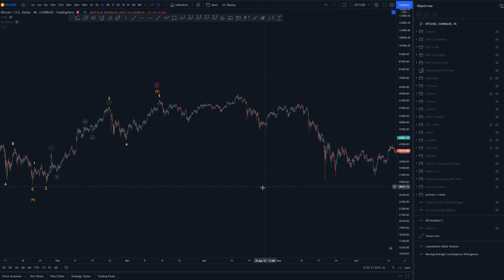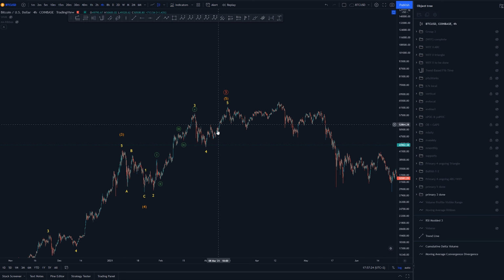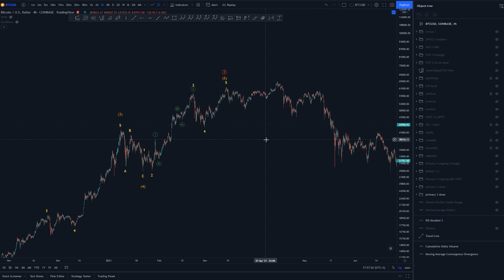Now again here we can have 1, 2, 3, 4, 5, then 2, 3, 4 and 5 on the sideways. I didn't mark it because it's going to be pretty small and this chart is going to get too cluttered.